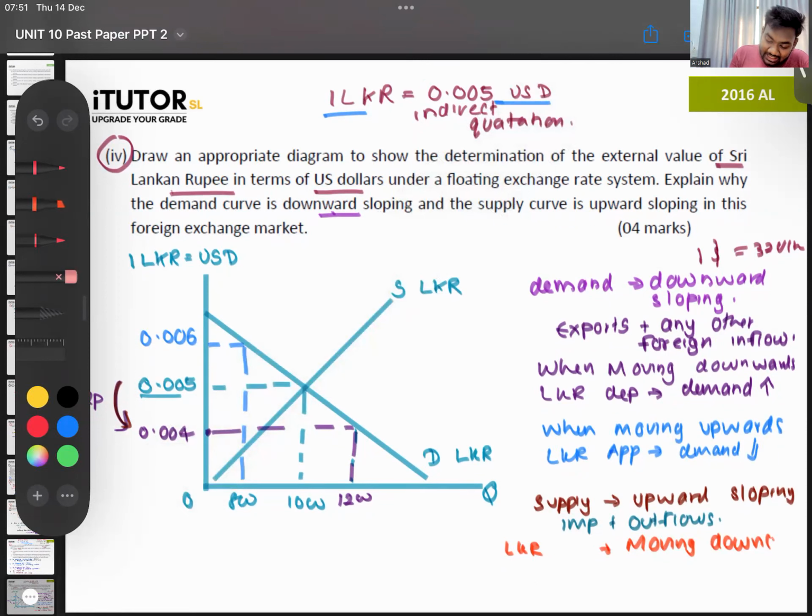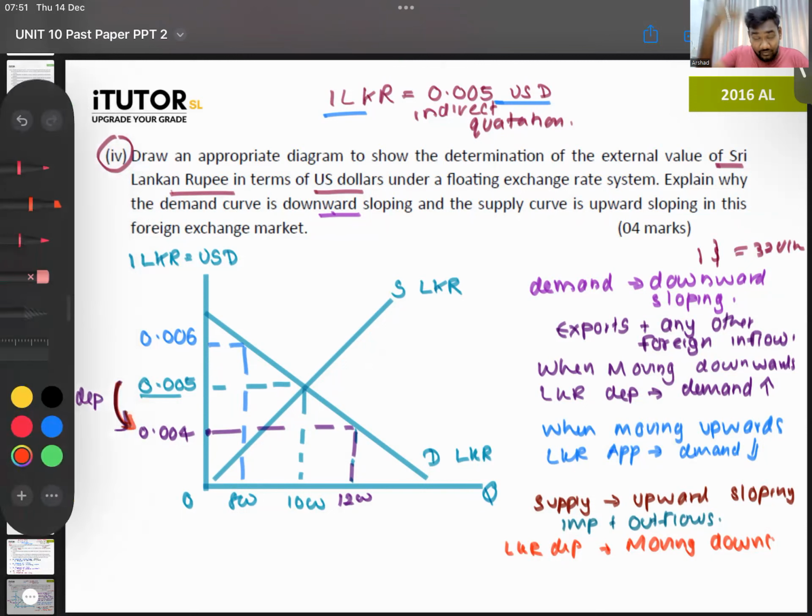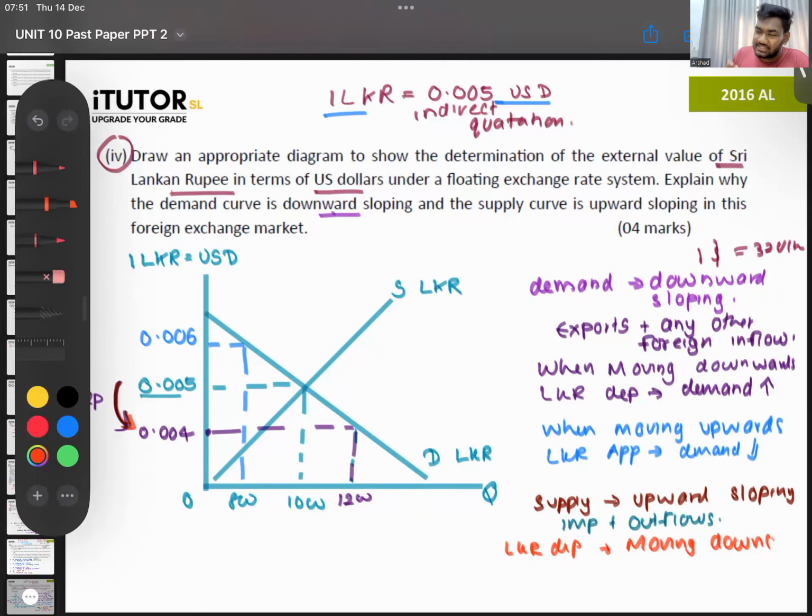So when the LKR depreciates, let's say $1 was 0.005 rupees, now 1 rupee is only $0.004. So the rupee has depreciated. You're moving down. So when the rupee depreciates, imports become expensive.